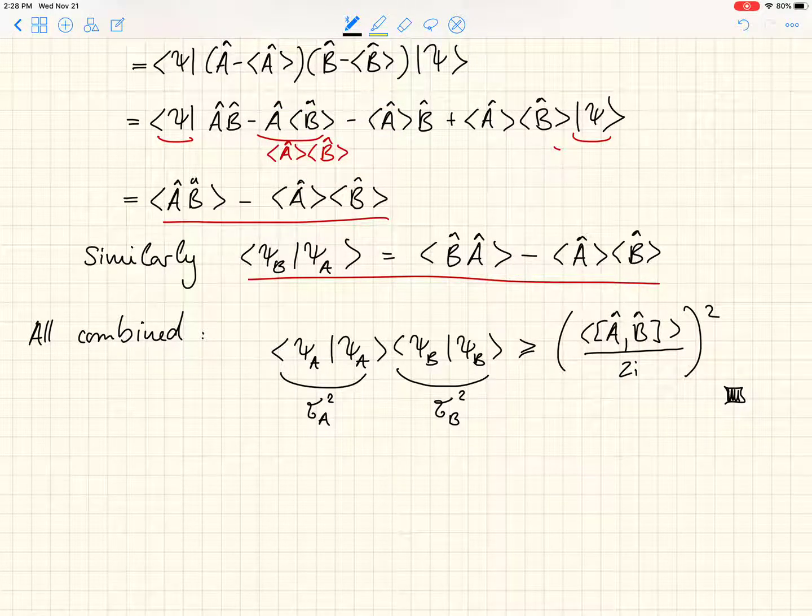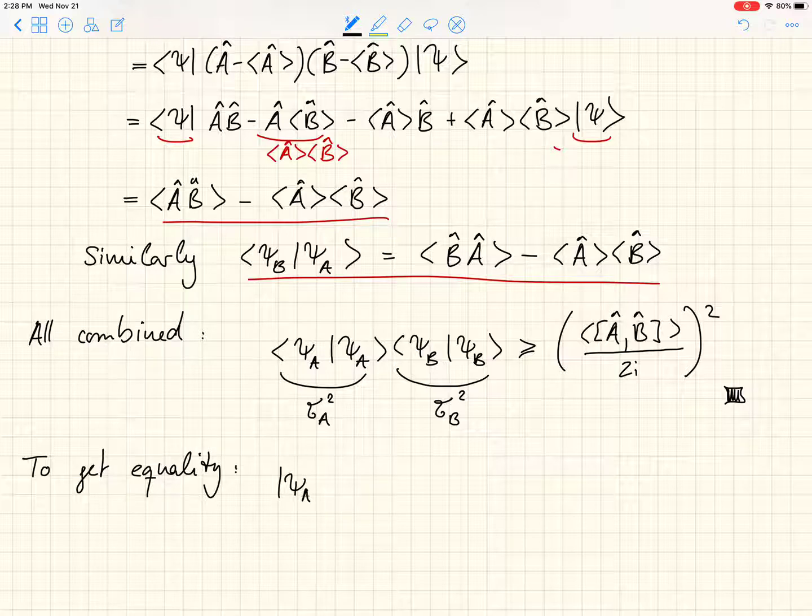To get equality here, we need that, say, psi_B, doesn't matter which way, is equal to alpha times psi_A for some alpha. That can be a complex number.